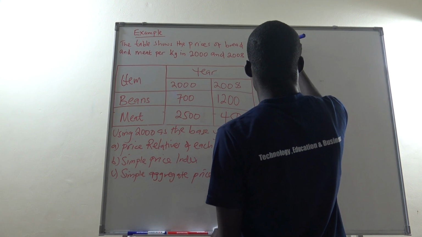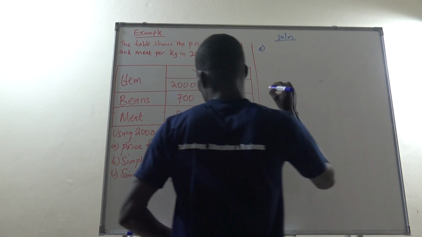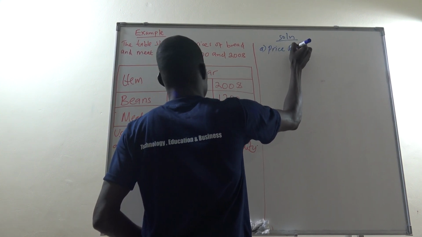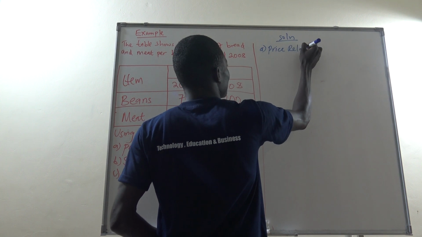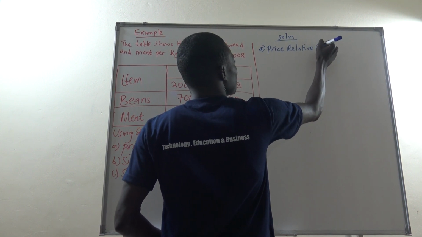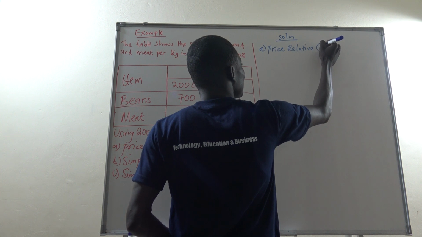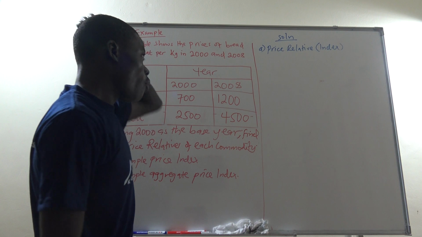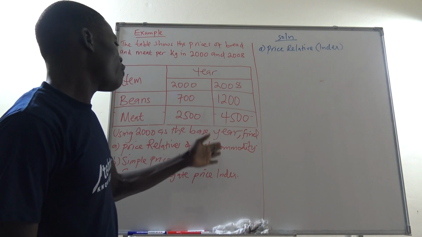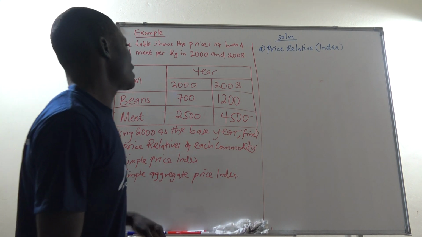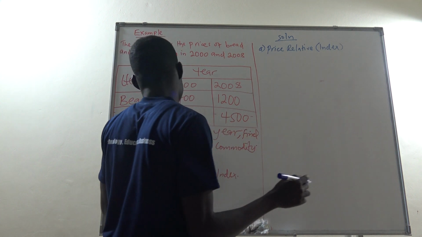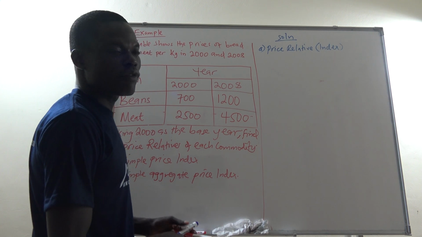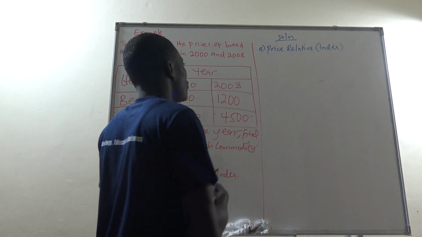Solution part A. We are getting the price relative. I said sometimes it is called price index. You see, the same thing. So price relative, they have said of each commodity. We start with the beans and then we go to meat. But even before we start, you can record the formula for price index or price relative.